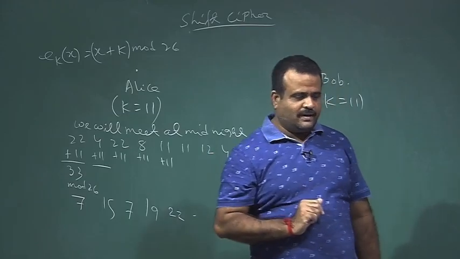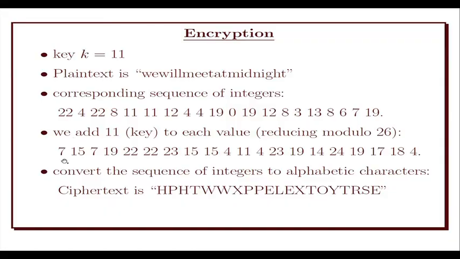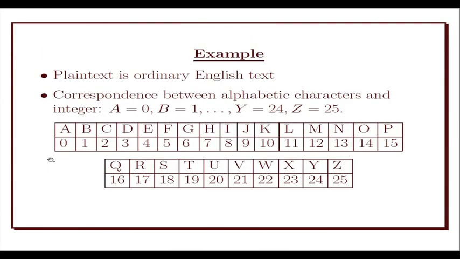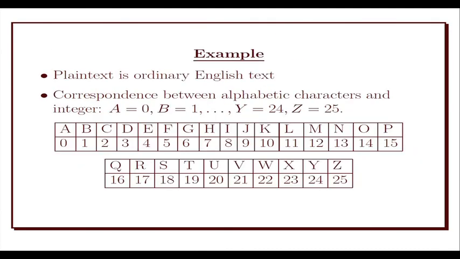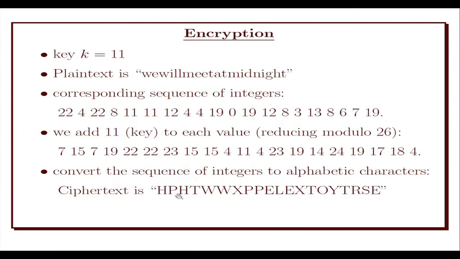Now we convert this into alphabet again. 7 means H. 15 means P. Again 7 means H like this. So, this is the ciphertext corresponding to the plain text, we will meet at midnight.